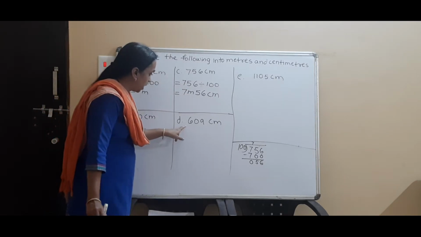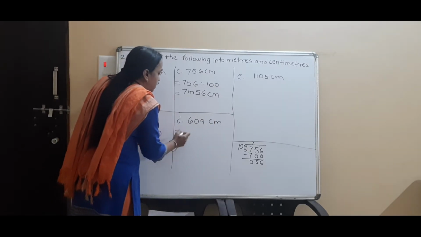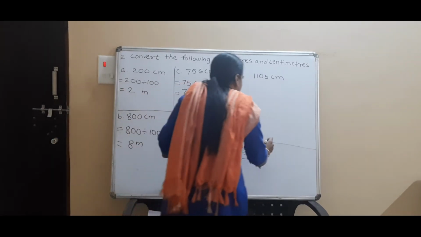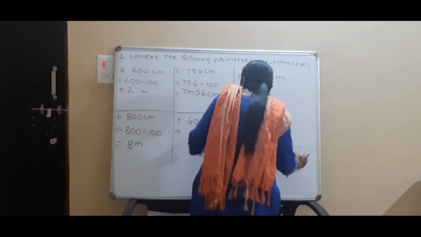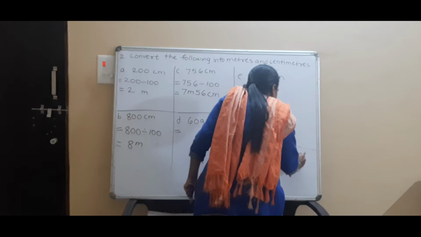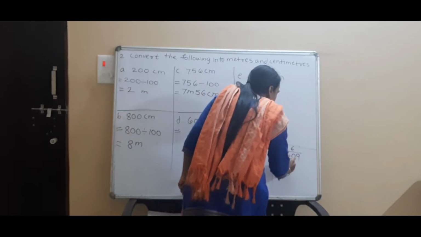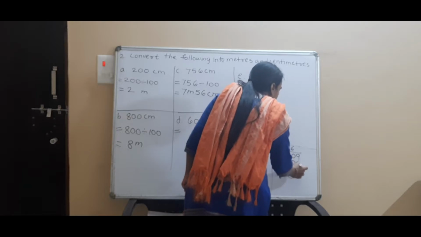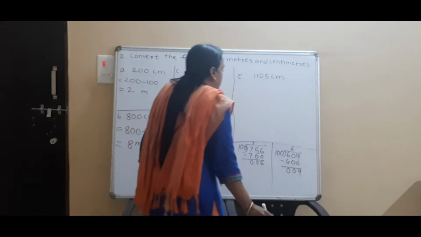Okay. Now see D question. 609 centimeter. So again if we do here division, 609 divided by 100. So 100 6 is 600. 9 minus 0, 9, 0 minus 0, 0, 6 minus 6, 0. Okay.